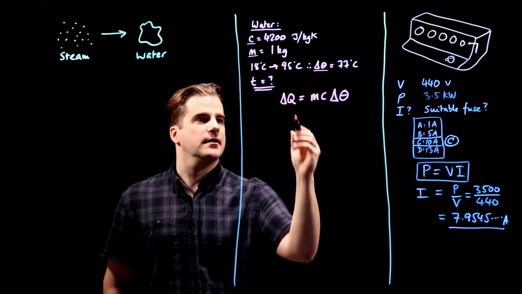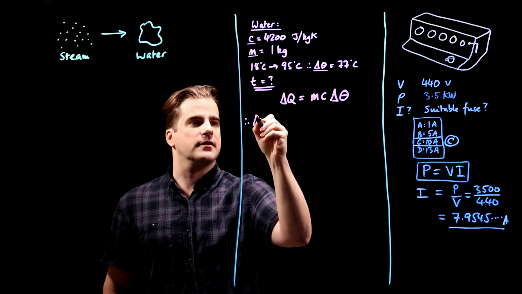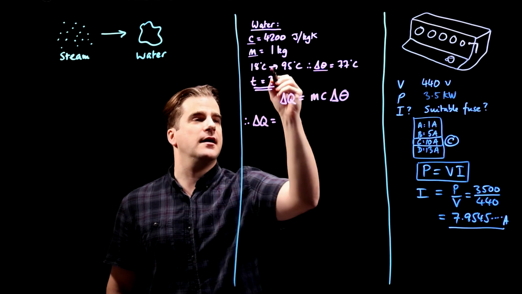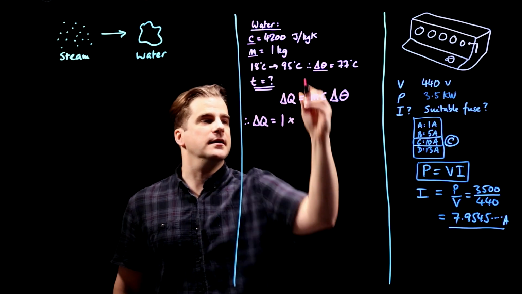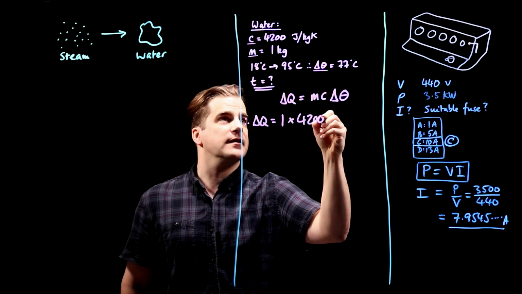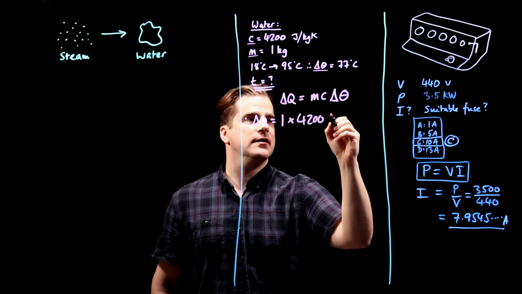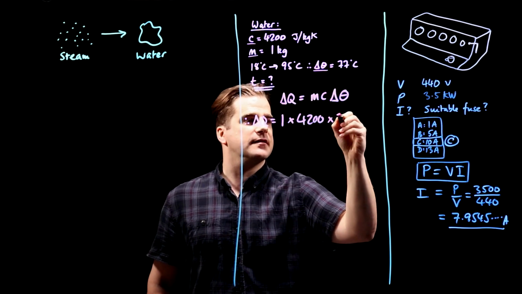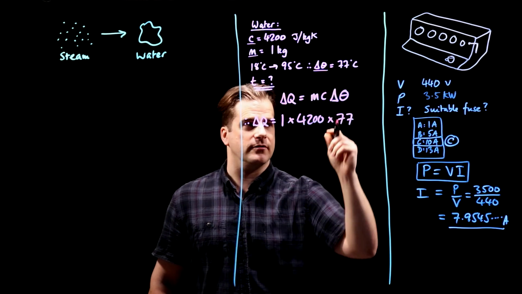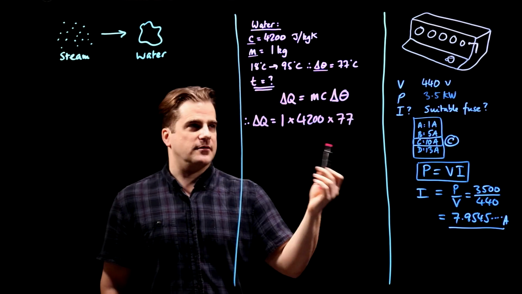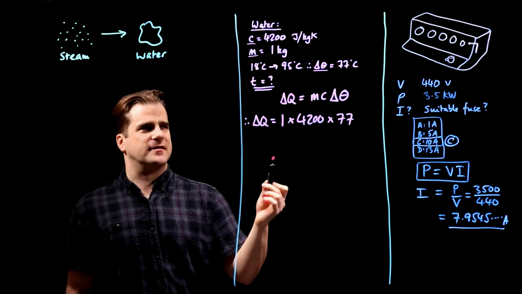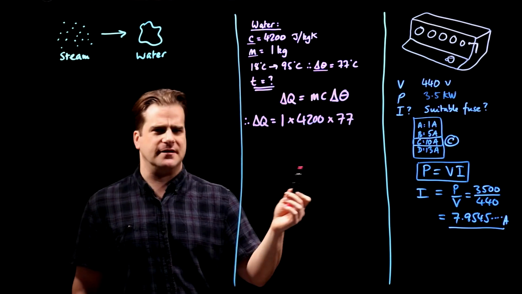So let's do it. Therefore, delta Q is, M is 1, C is 4,200, it's already in the correct units, that's fine, times delta theta is 77, it's also in the correct units. You'd never be expected to change from degrees C anyway.